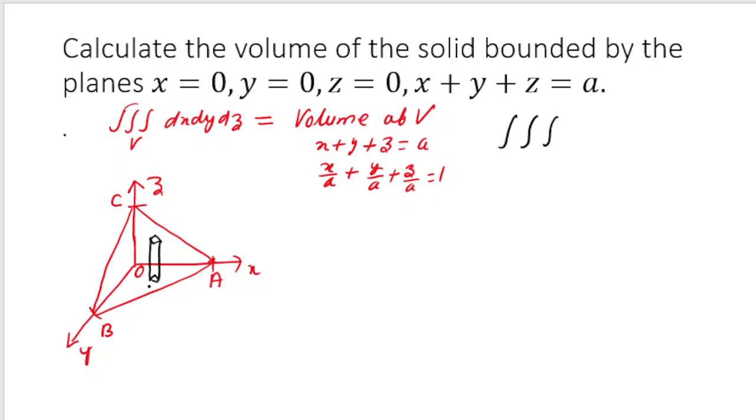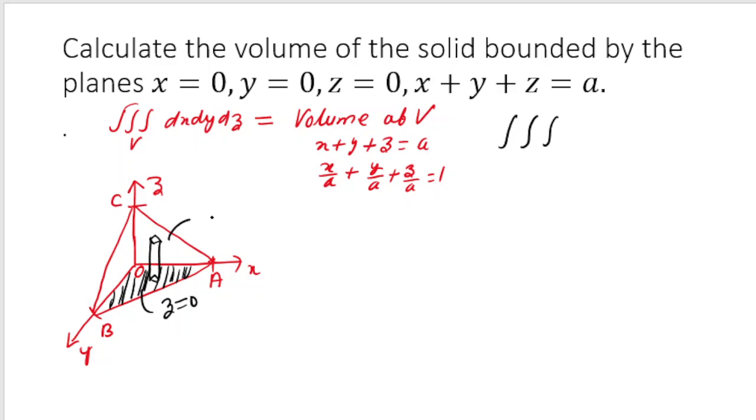If you take a solid structure, something like a rod, it is going to start at z is equal to 0, because this is the xy plane whose equation is z is equal to 0, right? And it is going to go up to this plane, that is ABC.